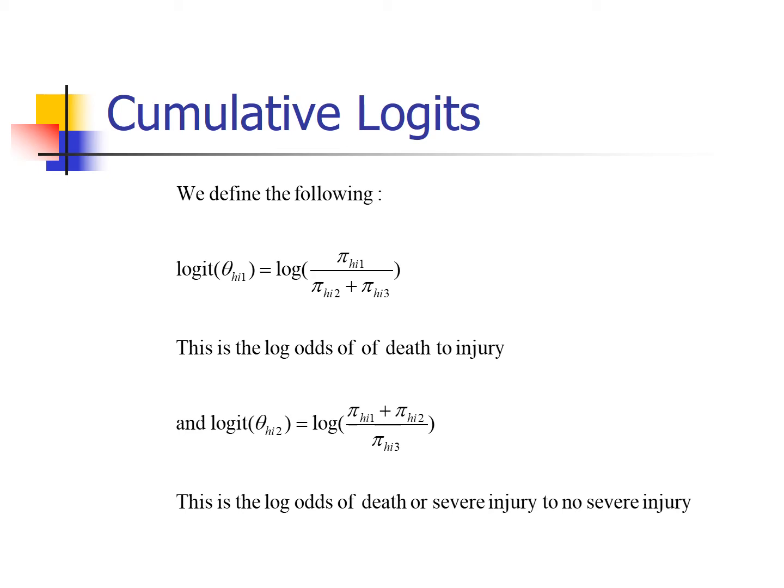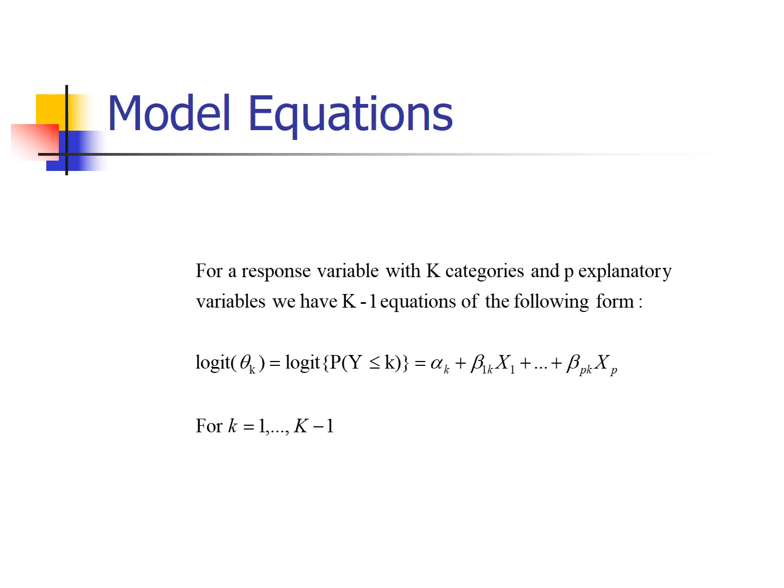And this is how we set these equations up. One of our equations has its left-hand side as logit theta 1, and our second equation has its left-hand side as logit theta 2. Now, more generally, for some response variable with k categories and p explanatory variables, we have to fit k-1 equations of the following form.